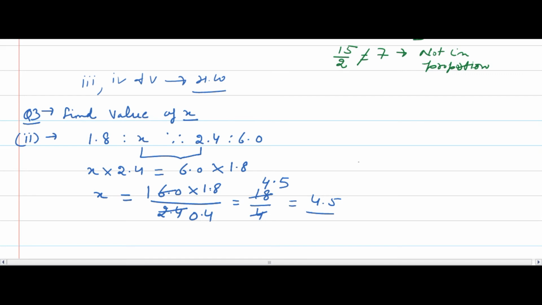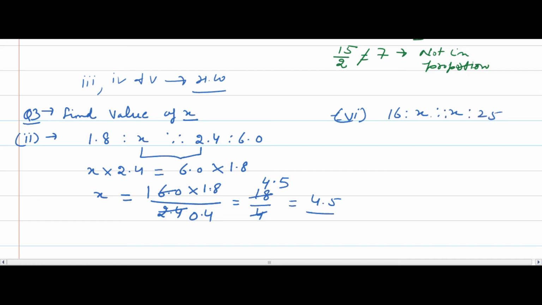I am going to solve the part 6 here. 6 is 16 ratio x proportion x ratio 25.